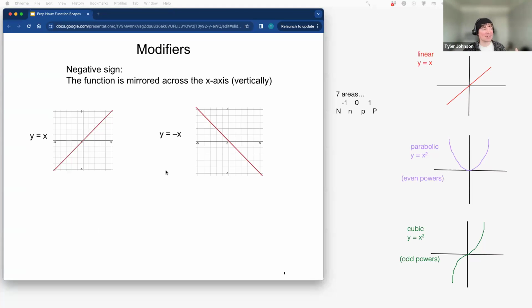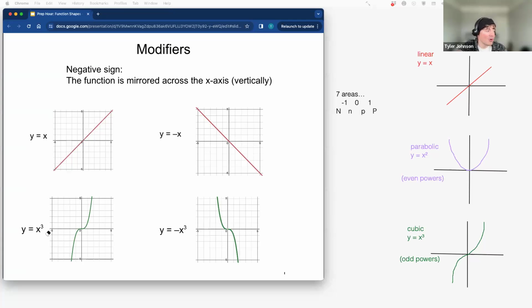You'll have a much easier time with this if you think of it as a vertical flip. So there it is linearly, or if I did it to a cubic, same thing. We're flipping it vertically across the x-axis. So that moves up, and that moves down.